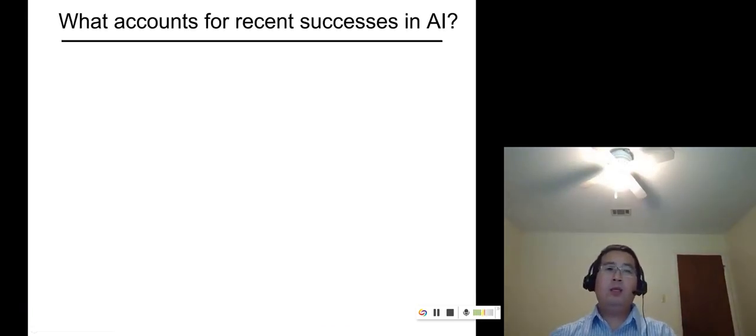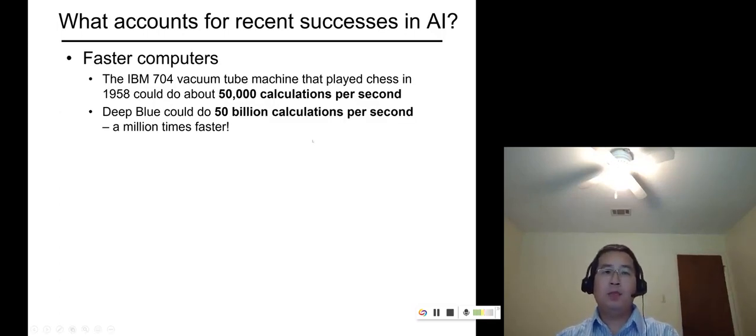What accounts for recent successes in AI? I believe I already answered this question previously. So algorithm, computational power, data. That's the most important thing. Faster computers. For example, here we talk about 1958, this IBM machine. Okay, this machine maybe is still a supercomputer.